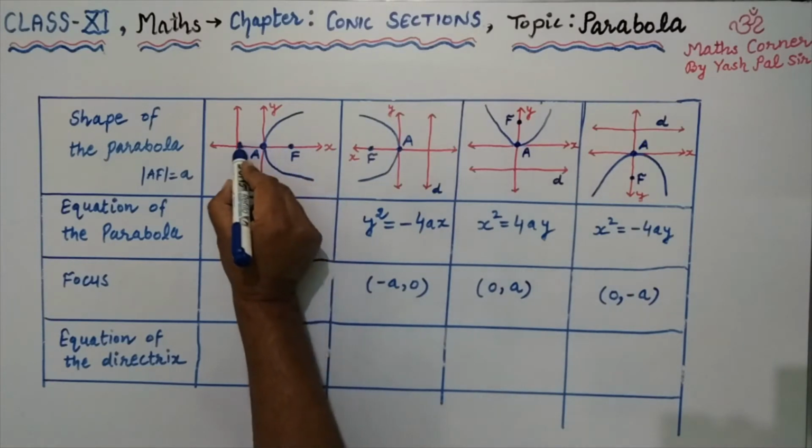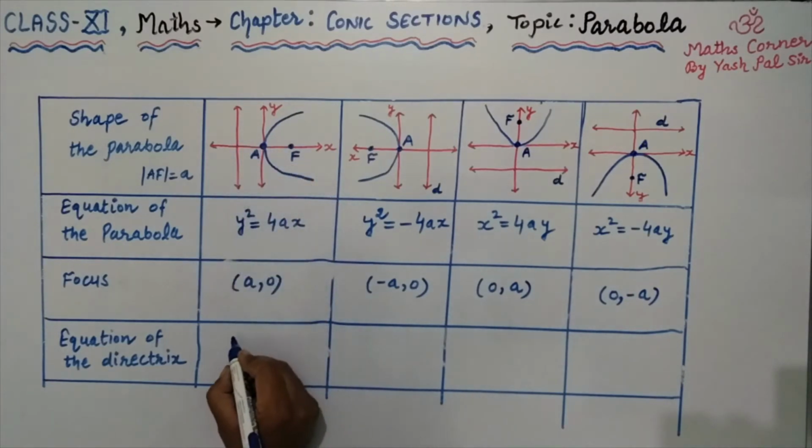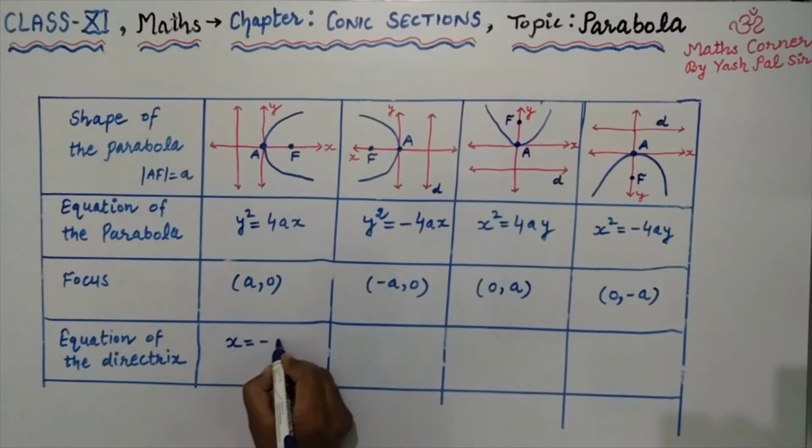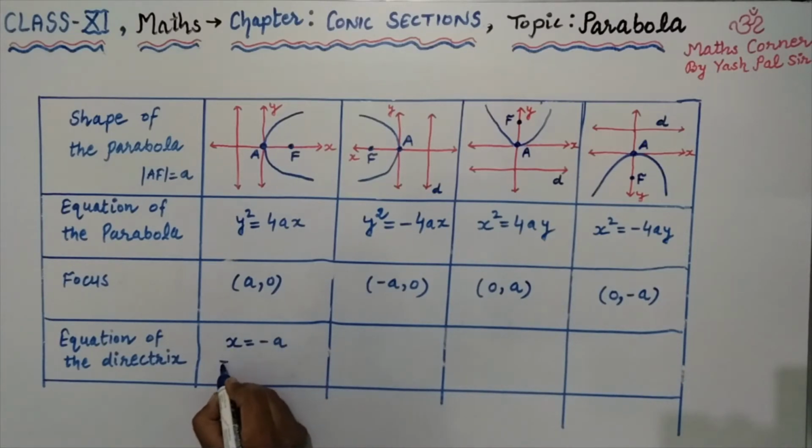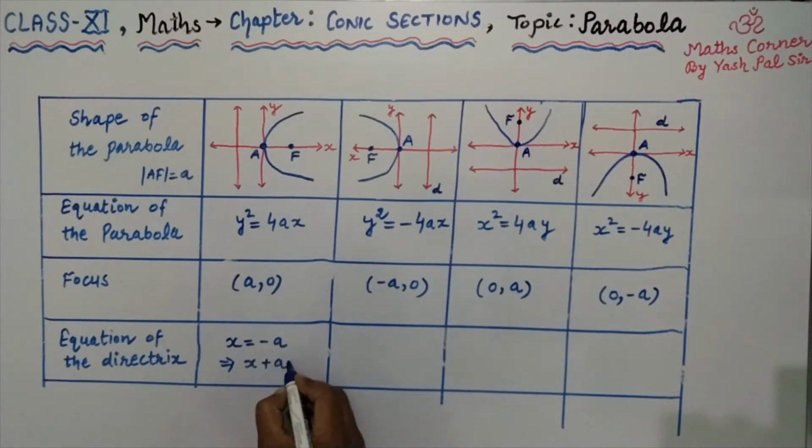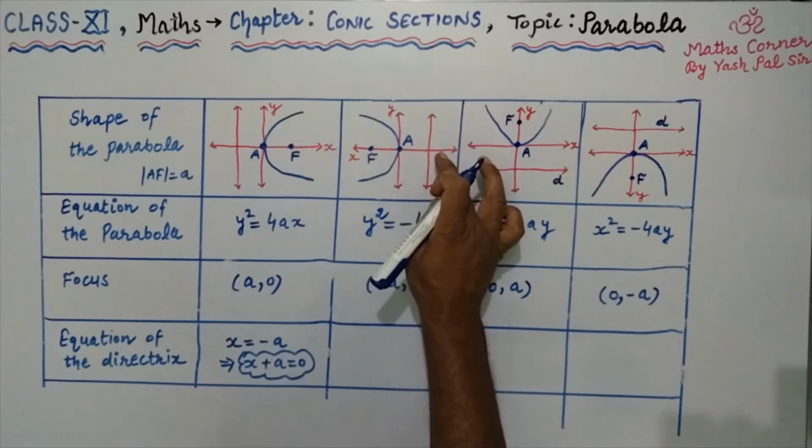In first case, what is the equation? Because AF, this distance is same, so we say x is equal to minus a. So this gives us x plus a equal to 0 is the equation of the directrix in this first parabola, right-handed parabola.